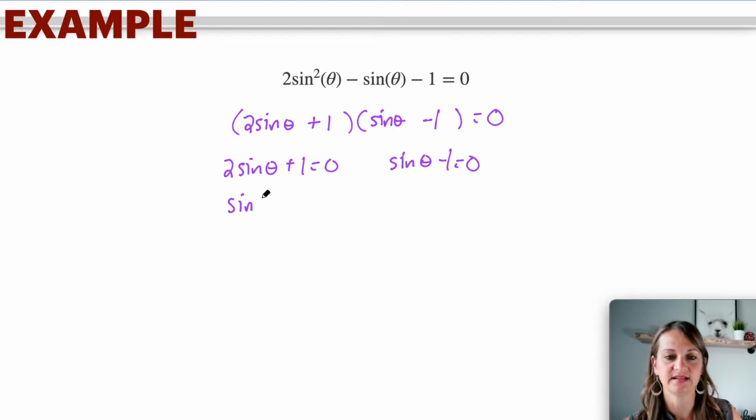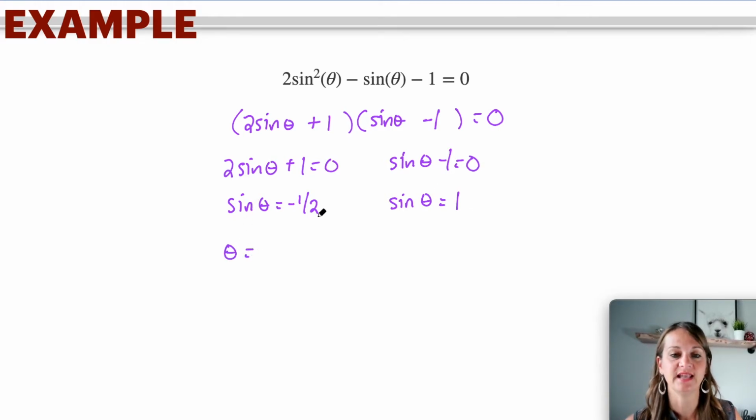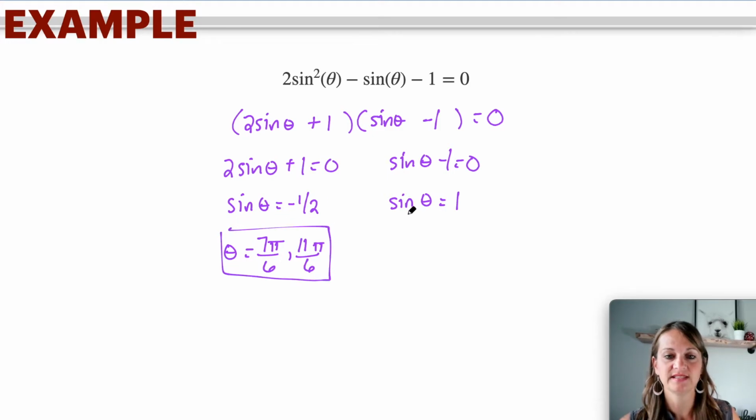And so on this side, sine of theta is going to equal negative 1/2. And on this side, sine of theta is going to equal 1. So on the unit circle, sine is a negative 1/2 at 7 pi over 6 and 11 pi over 6. On this side, sine is equal to 1 at pi over 2.